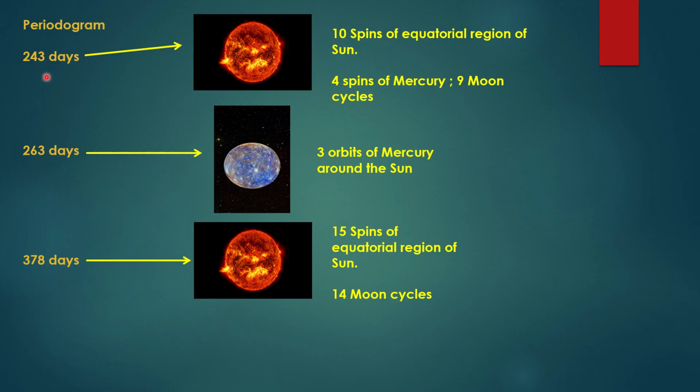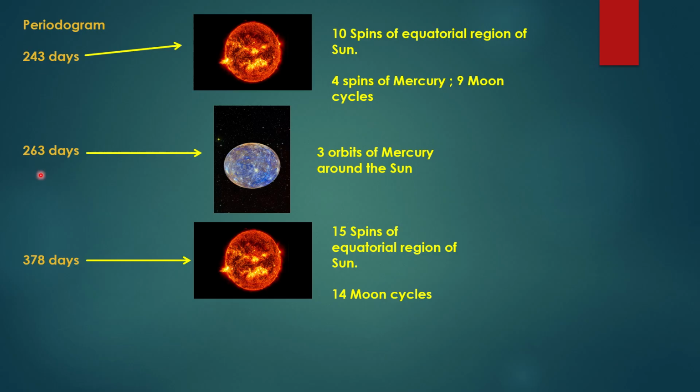In the case of the equatorial region, in 243 days, it's going to spin around its axis about 10 times. 243 days is also very close to being equivalent to 4 spin cycles of Mercury around its axis. It's also very close to being equivalent to 9 cycles of the moon as the moon orbits the Earth.